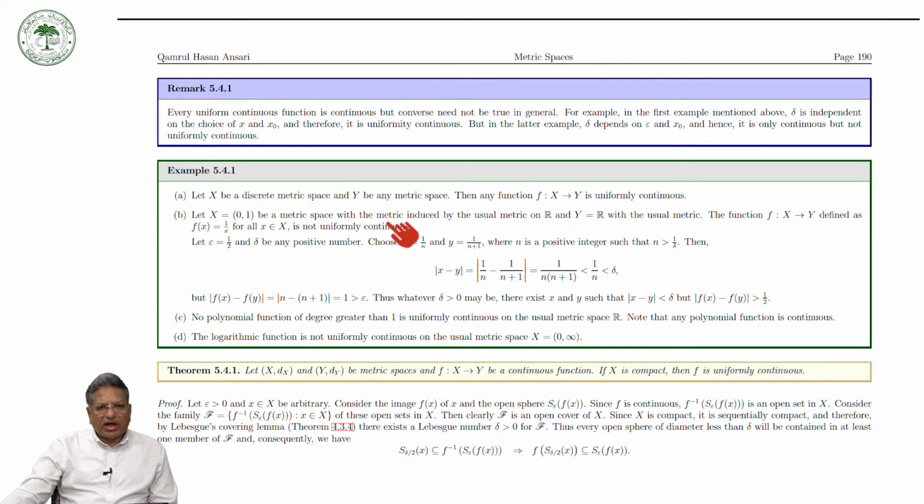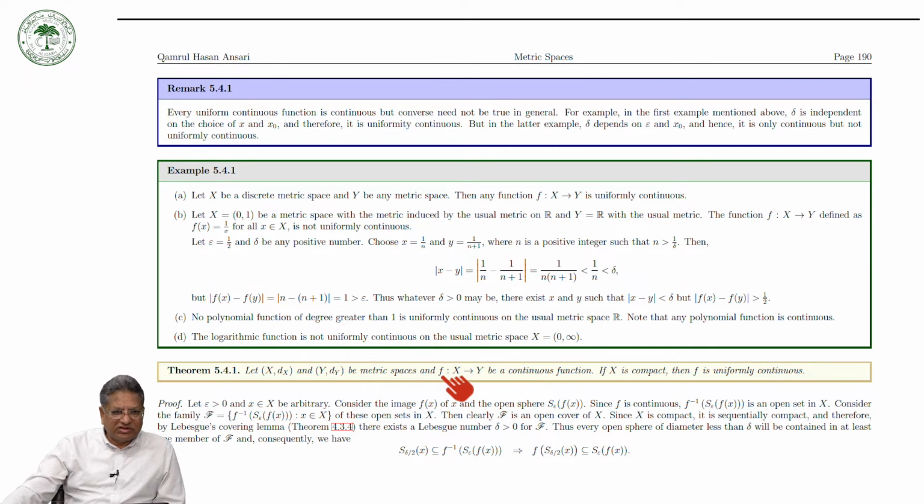Now the question is, under what condition can the converse be true? That is, under what condition can a continuous function be uniformly continuous? And the condition is very simple. If X is a compact metric space, Y is any metric space, and f is a continuous function from X to Y, then it is uniformly continuous.